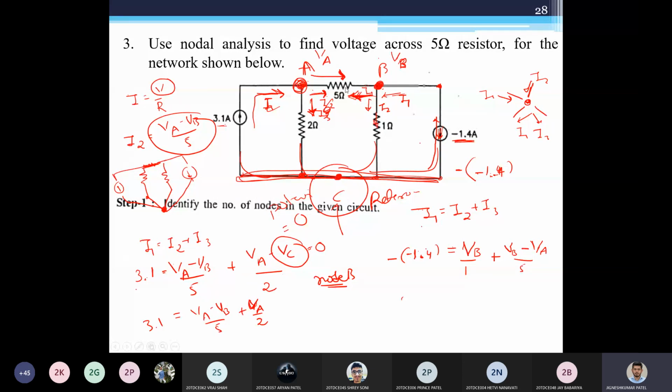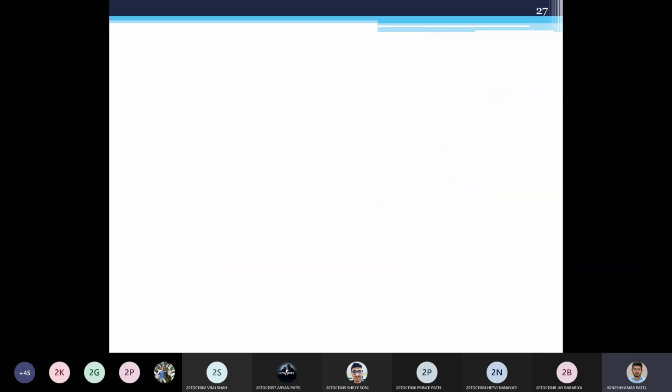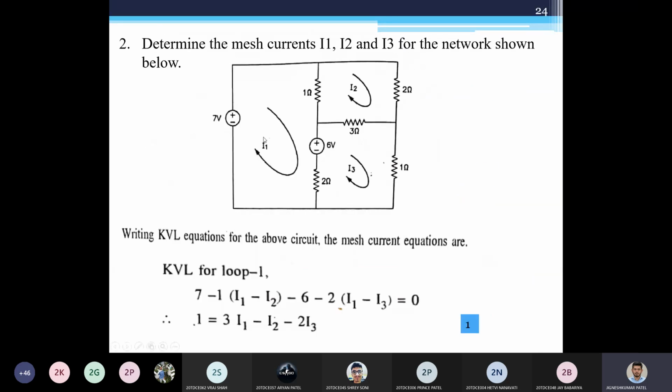For example, in this case, you have current flowing in this direction and current going in that direction. But if you observe this circuit, in most circuits you will have the bottom line, which would most of the time be at zero potential. Though this is a current source, so we do not have a better example. But for an example, let me show you one more: yesterday's problem. Let us see that.